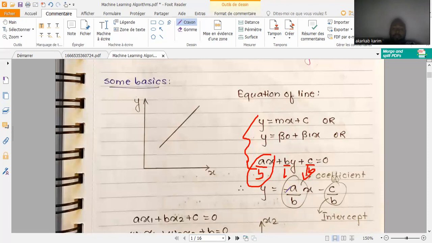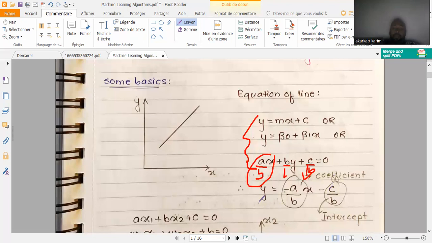These things are basics in mathematics. We take this term, all these terms, from here to the other side, and we change the sign. The same thing for c divided by b: we put it on the other side, and the sign should be changed.